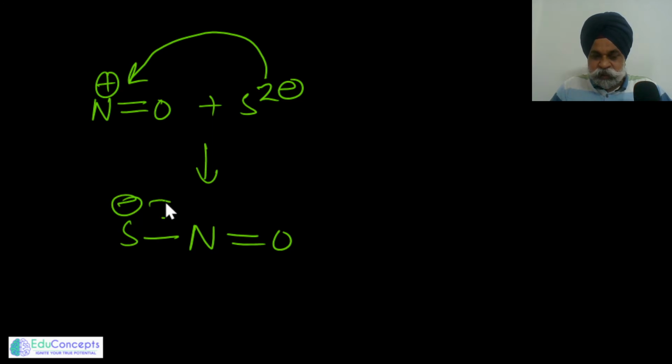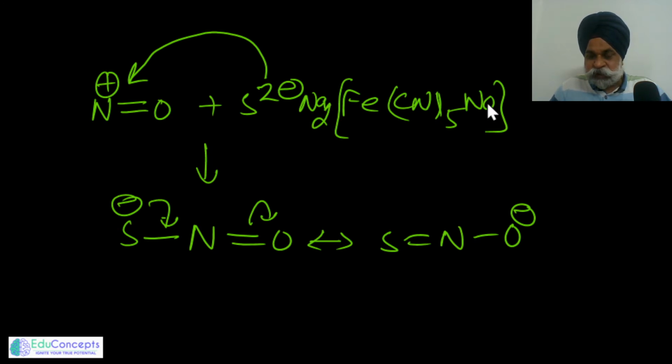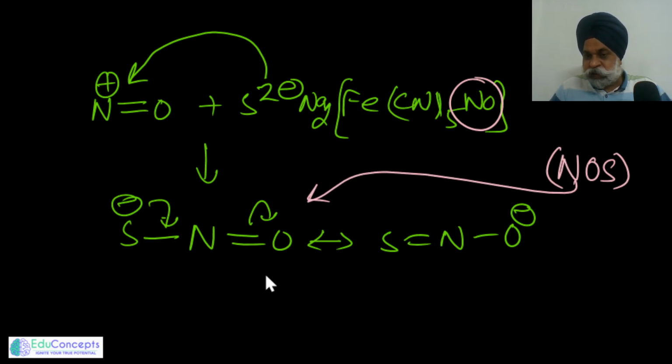And this may undergo resonance like this, and this is what you are referring to as [Fe(CN)5NO], and this is the species we are talking about. This NO got converted to NOS, which is this species, thionitrite ion, you can say it like that. So it is quite an important one.